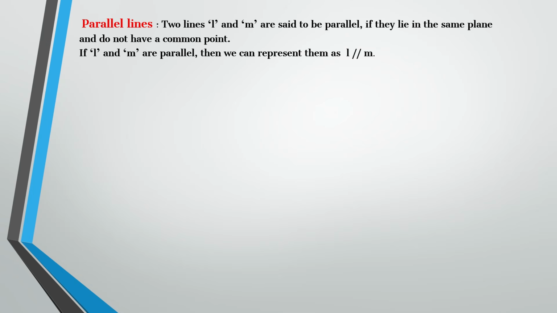Two lines L and M are said to be parallel if they lie on the same plane and do not have a common point. See this, these two lines have no point in common. Then these are said to be parallel lines.